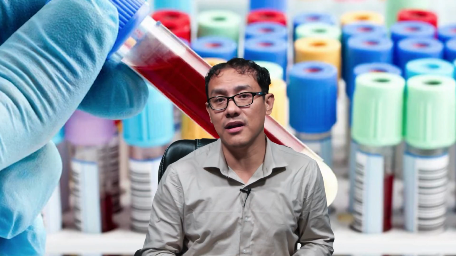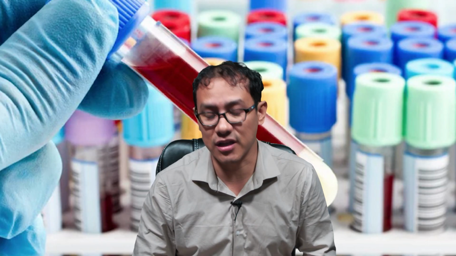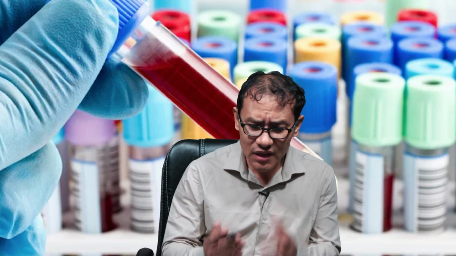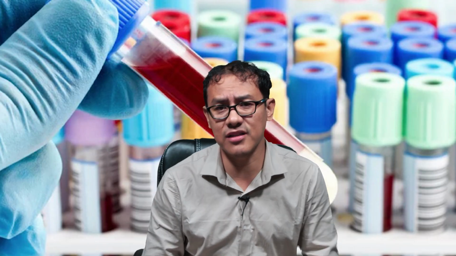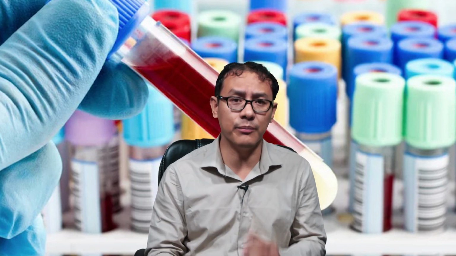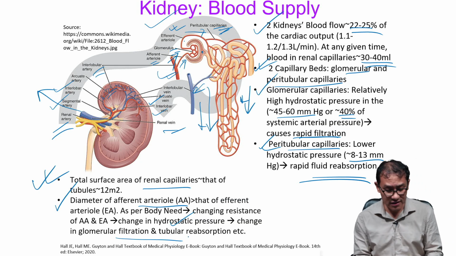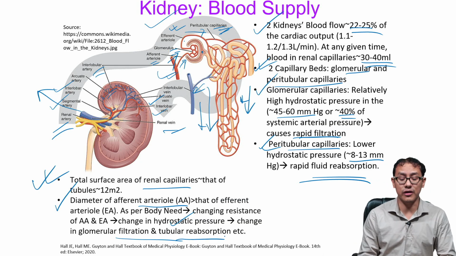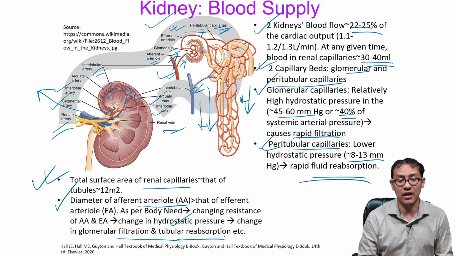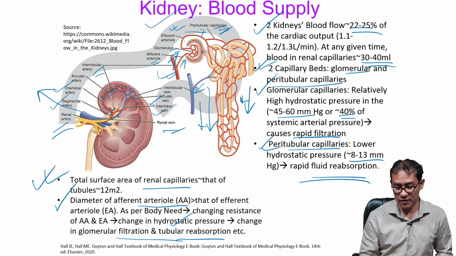So this arrangement helps to form a slightly higher hydrostatic pressure in the glomerulus, and by changing the resistance of the afferent and efferent arterioles, by regulating that, you can regulate the hydrostatic pressure, then you can regulate the glomerular filtration, and also the tubular reabsorption by affecting the hydrostatic pressure in the peritubular capillaries. So this concept is important.